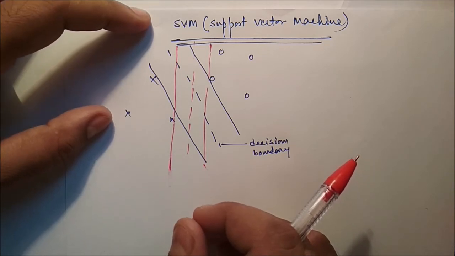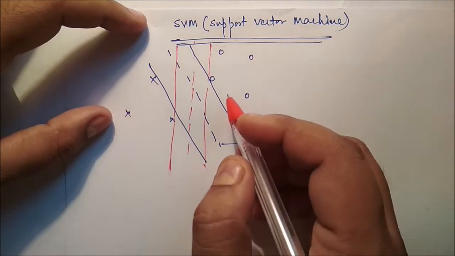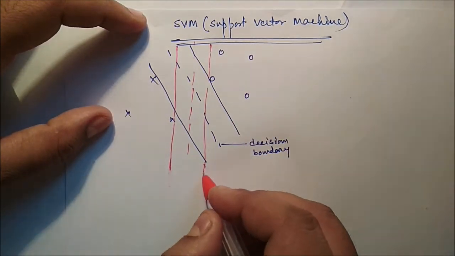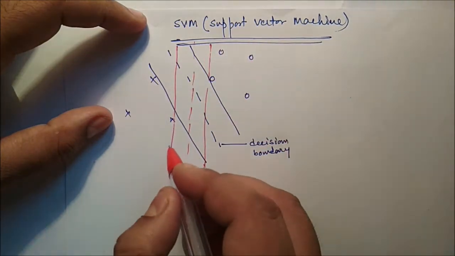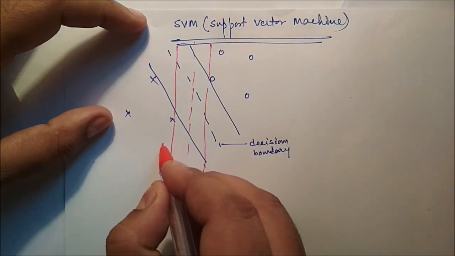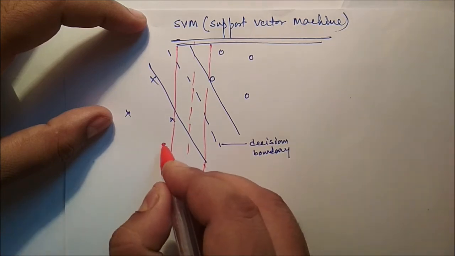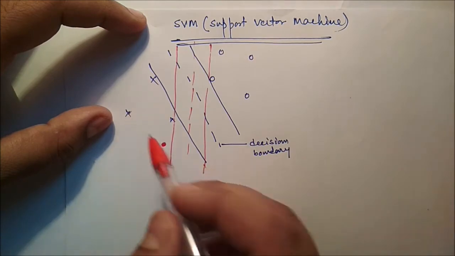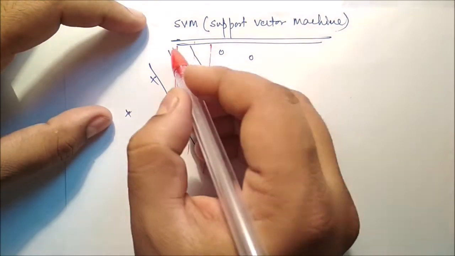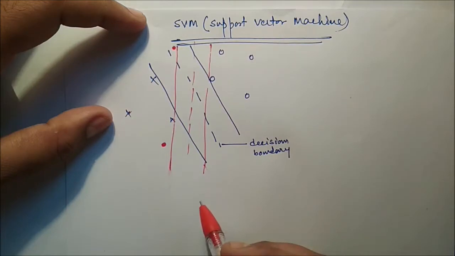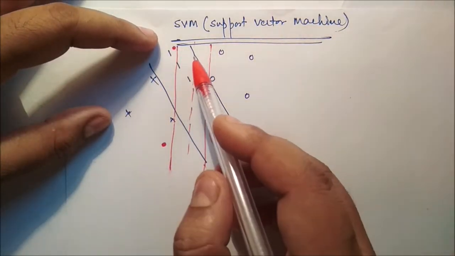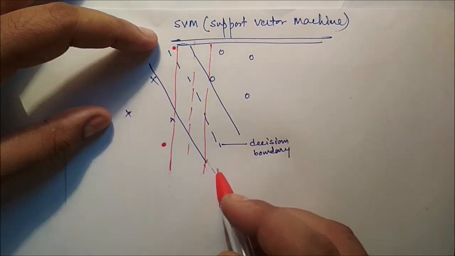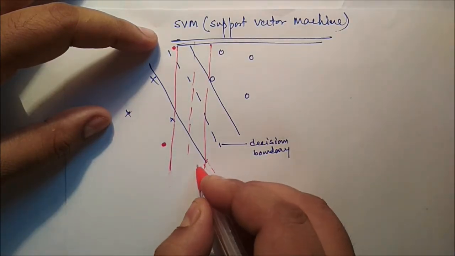Now, previously unseen data means what? Suppose one unknown data point is there, say somewhere here. We want to know its class label, whether it is a circle or a cross. Or if the data is somewhere here, or somewhere here.